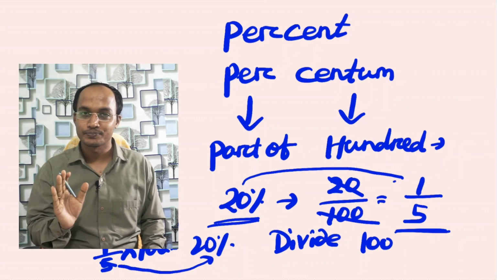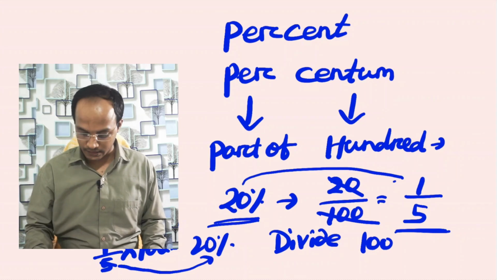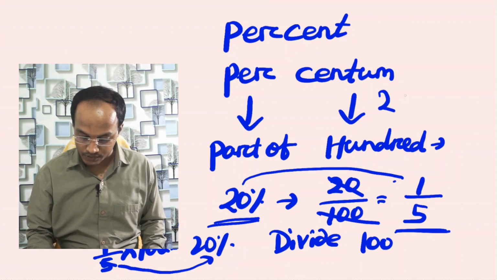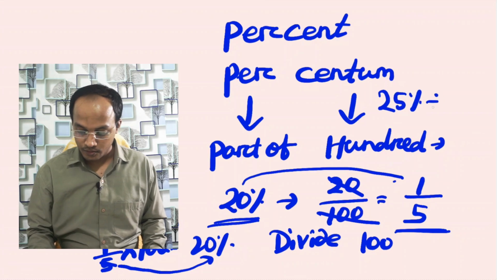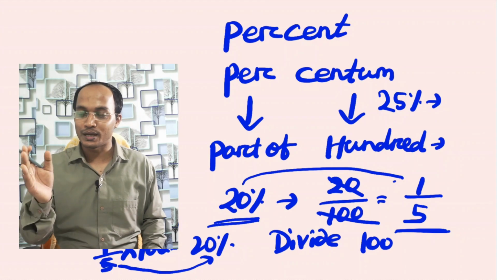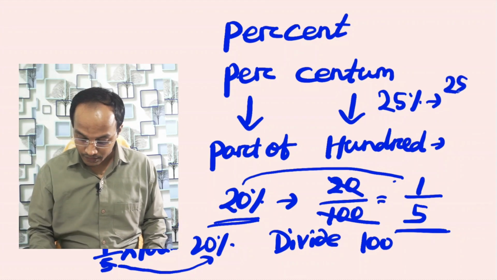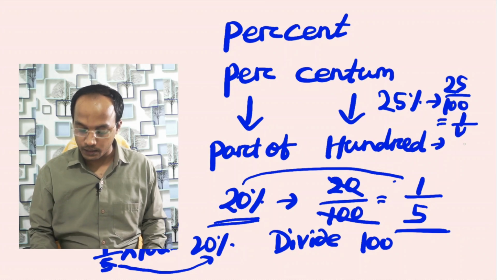Any doubt? Just take another example. If we take 25%, tell what this will be in fraction. To make this a fraction, we have to divide by 100. So 25 divided by 100, it will be 1 by 4.